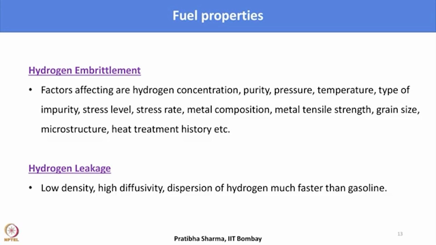If there is a leakage of hydrogen, because of the low density and high diffusivity of hydrogen, it disperses very fast, much faster than gasoline. Because of high buoyancy and diffusivity, the hydrogen gets diluted, mixing with air, and rises up very fast.